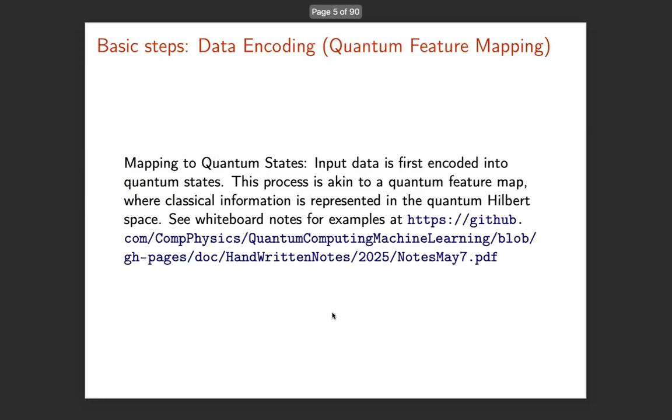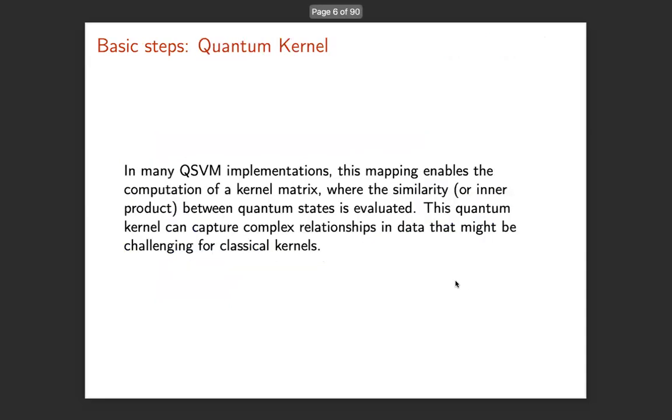Now, what we are going to do is essentially to go through the different slides. We have on the whiteboard notes these examples on how to encode the data. But when we have encoded the data, we need to think of how we compute this kernel matrix, where the similarity or inner product between quantum states is evaluated.